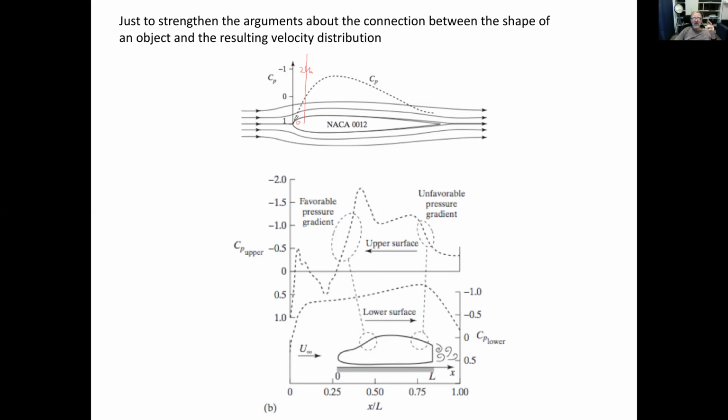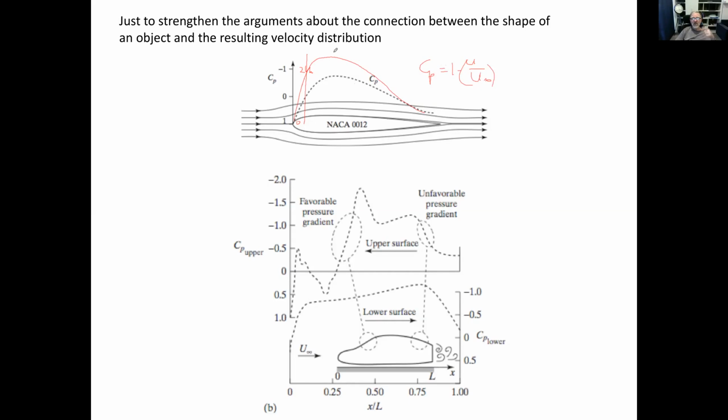That diagram would look exactly the same in terms of velocity. Why? Because Cp is 1 minus u over u infinity squared.